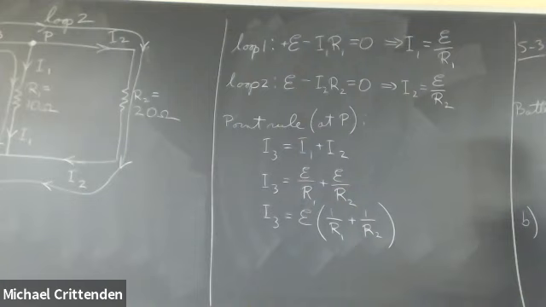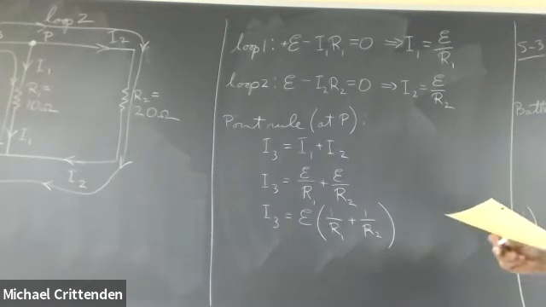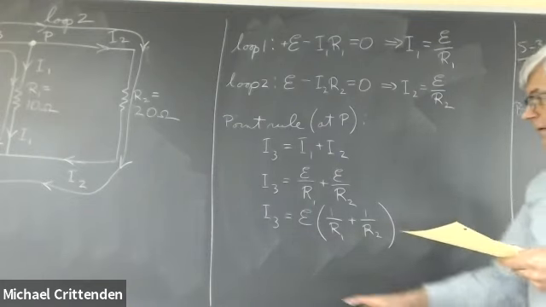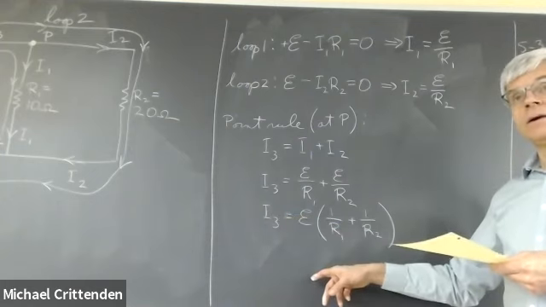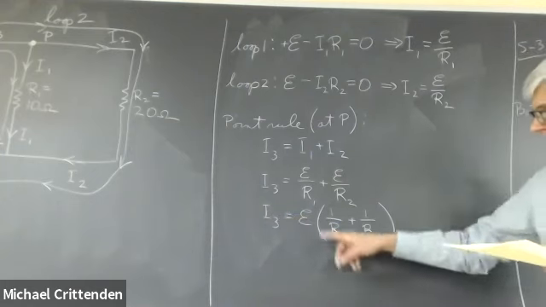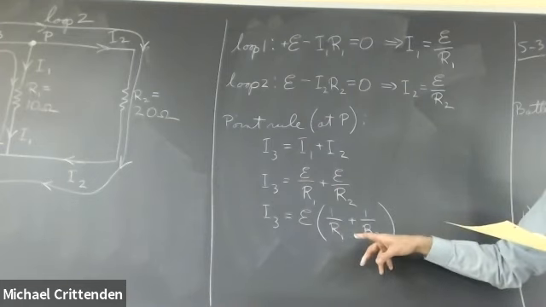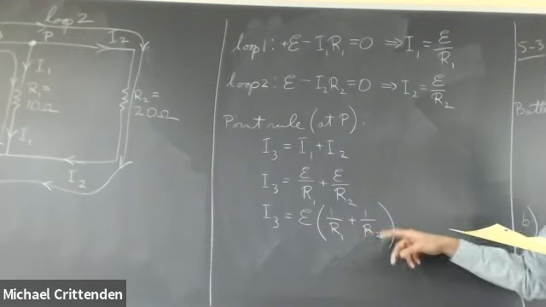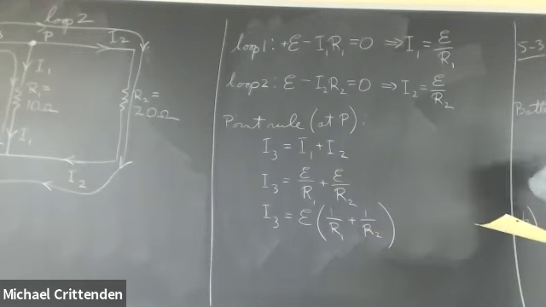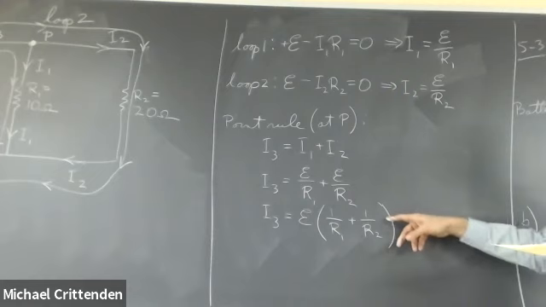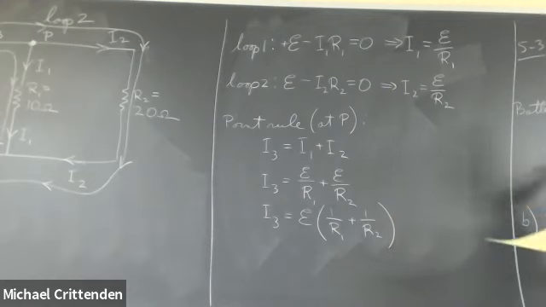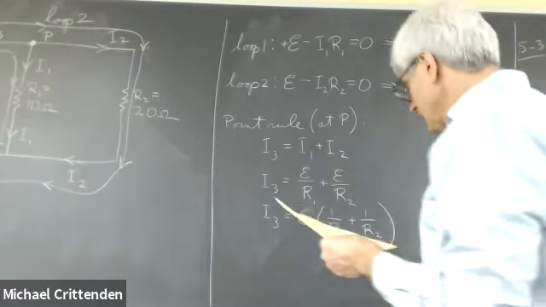And here's where I've demonstrated the formula for resistors in parallel. If it was just one resistor, you'd have I equals E over R. So that equivalent resistor, or 1 over that equivalent resistance, is equal to 1 over R1 plus 1 over R2. And if there'd been 17 resistors instead of 2 of them, it would keep going, 1 over R3, 1 over R4, and so on. So that's where that comes from.